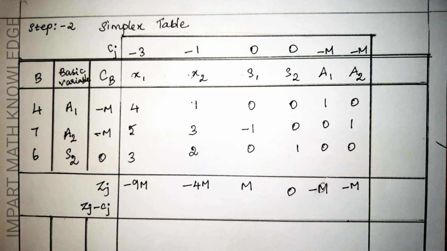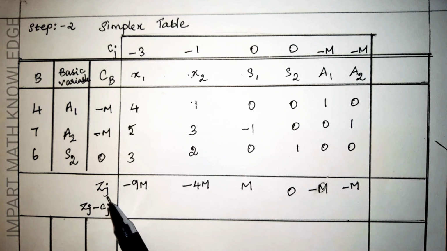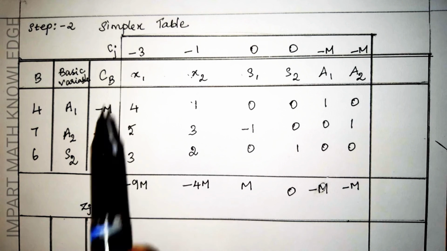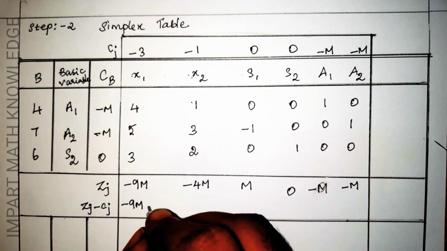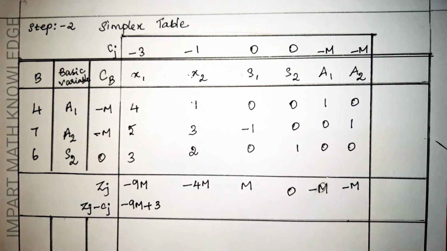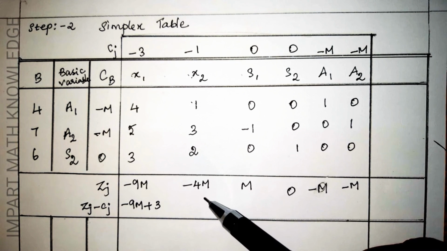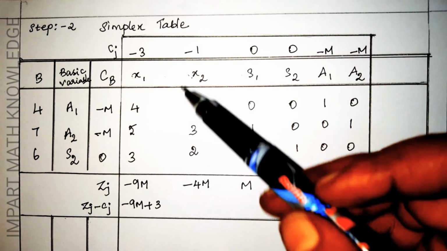Next we have to find Zj minus Cj. Zj is here, Cj is at the top. You have to subtract these two values. That is -9m minus of -3. You will get -9m plus 3. The second one is -4m minus of -1.